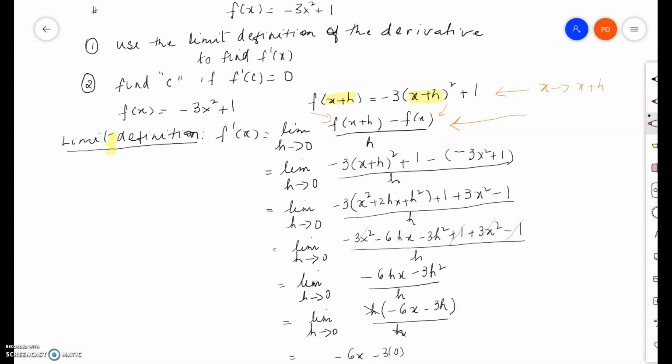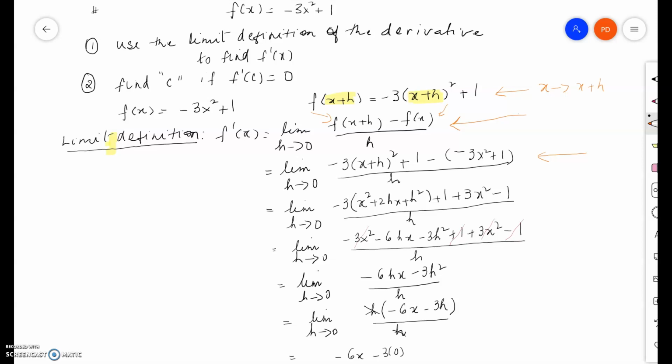Now substitute f of x plus h into the limit definition. So negative 3 times x plus h the whole squared plus 1, minus the quantity negative 3x squared plus 1, whole divided by h. So this is equal to the limit as h approaches 0.